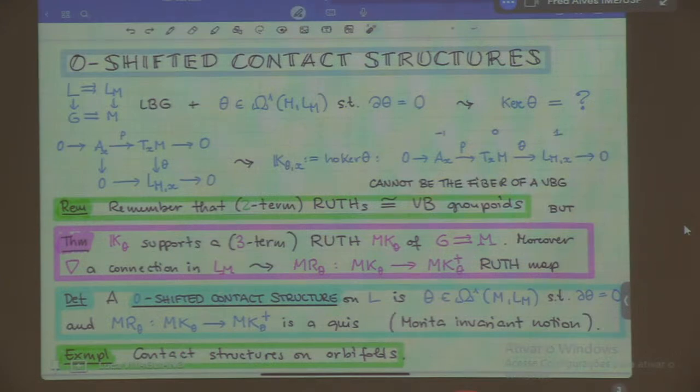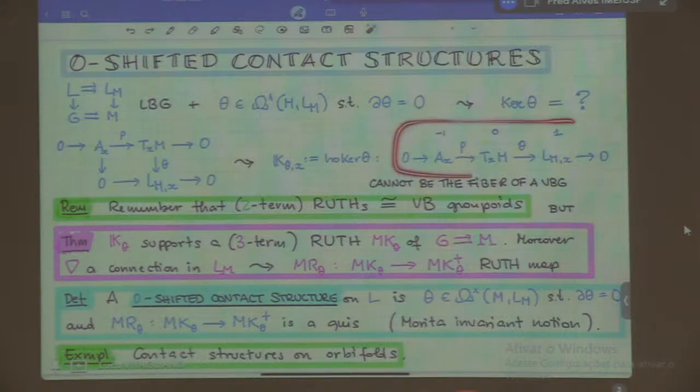The reason is that 2-term representations up to homotopy are actually equivalent to VB groupoids, by the theorem of Gracia-Saz and Mehta. And now 3-term representations up to homotopy are equivalent to more complicated objects, which I will not discuss, but I'll just mention it.